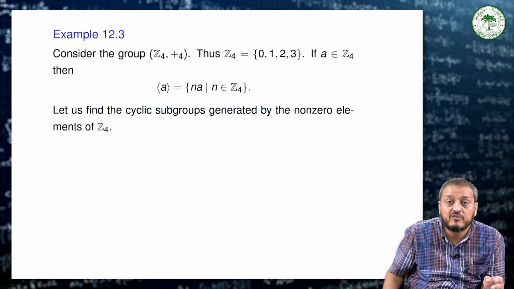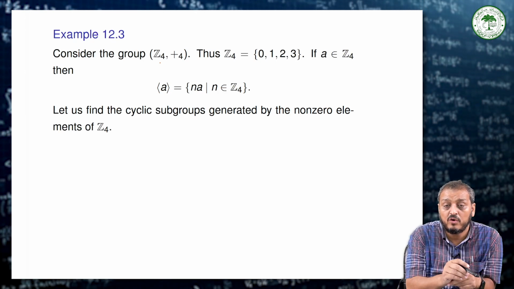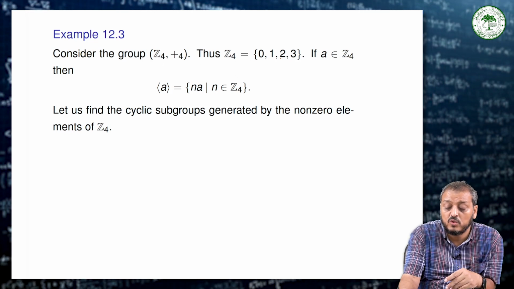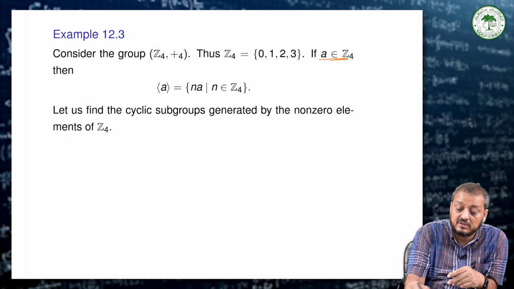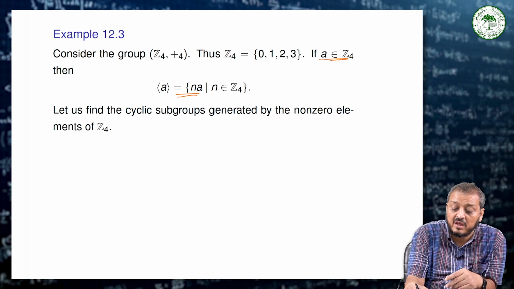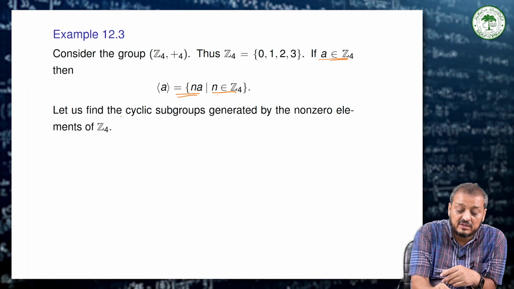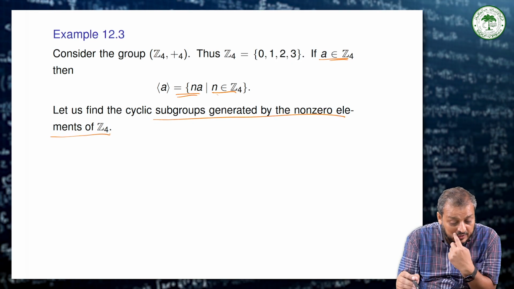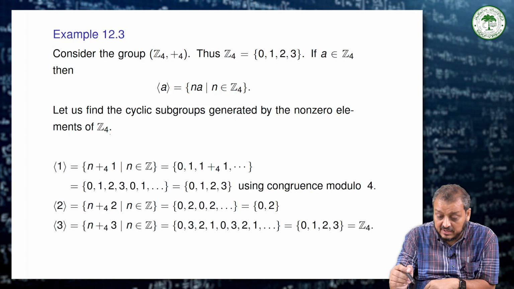Now for this example we consider the group of addition modulo 4. Then the elements of Z4 are 0, 1, 2, 3. If a is an element of Z4, then the group generated by a is equal to na, where n belongs to the integers. So let us find the cyclic subgroup generated by the non-zero elements of Z4. The first element we take is 1.